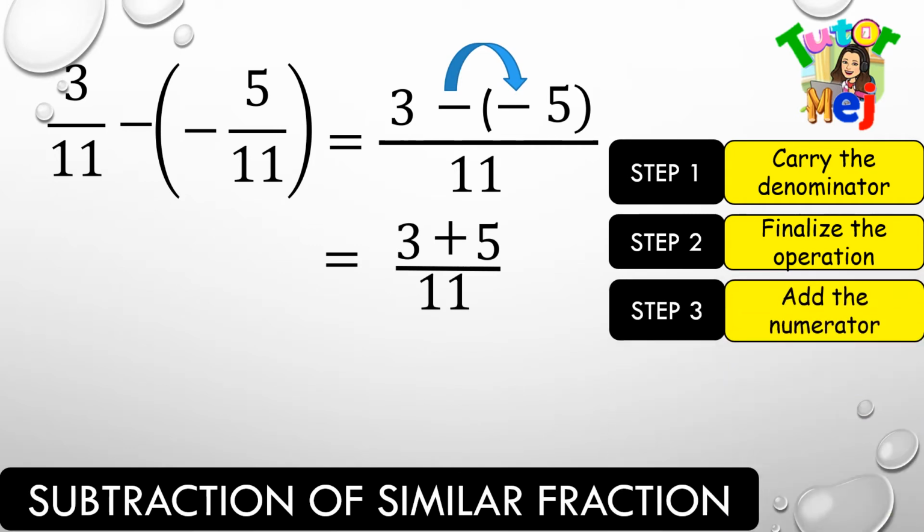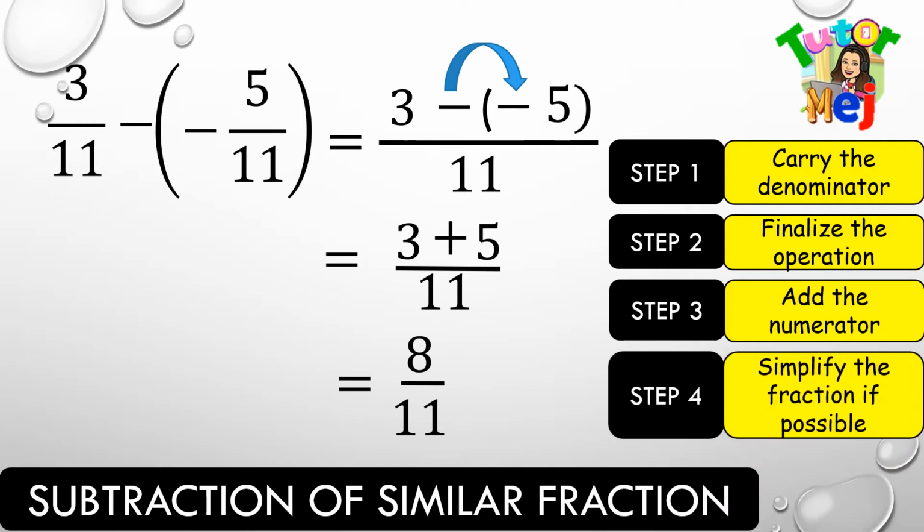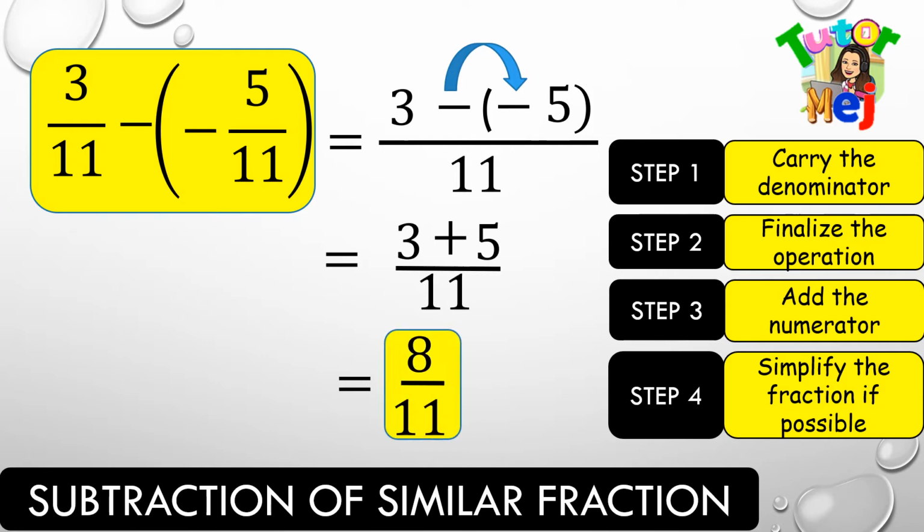So 3 plus 5, we have 8 and then carry again the denominator so that we can now proceed to simplifying the fraction. Pero tingnan maigi, ang 8 over 11 ay simplified na. So, ibig sabihin, ang 3 over 11 minus negative 5 over 11 ay equal to 8 over 11. Maliwanag ba?